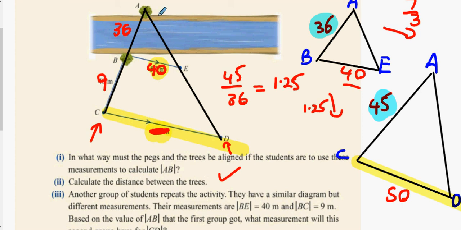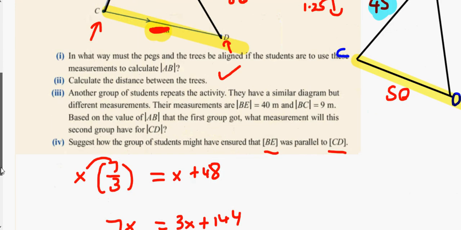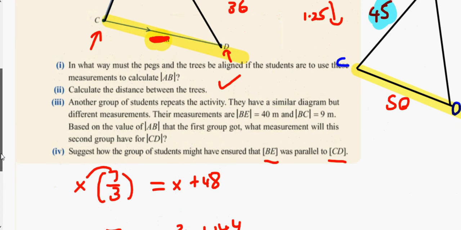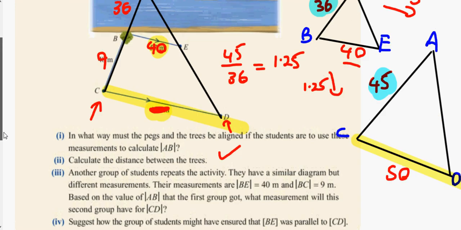So I suppose just making sure that the pegs are in alignment would be the main one in my opinion. I'll just make sure the pegs are in line really.